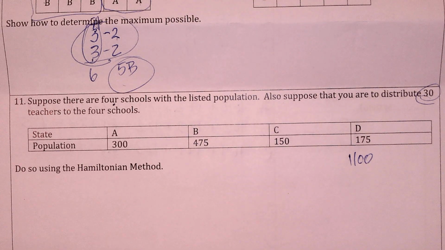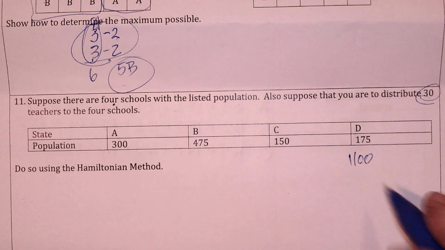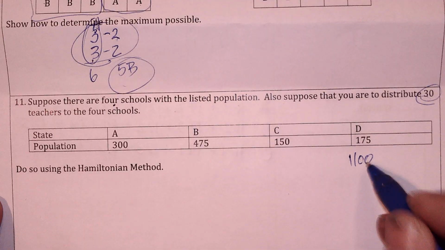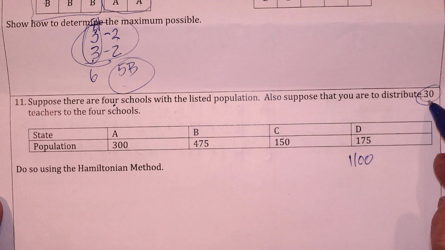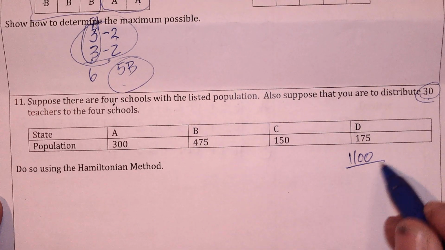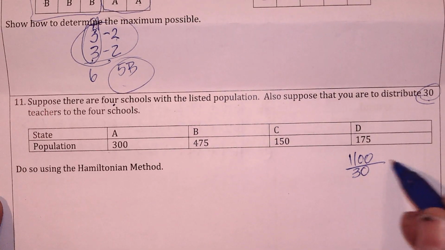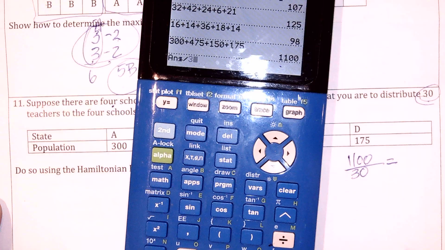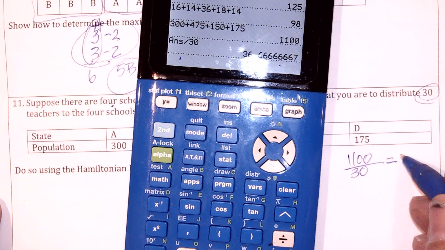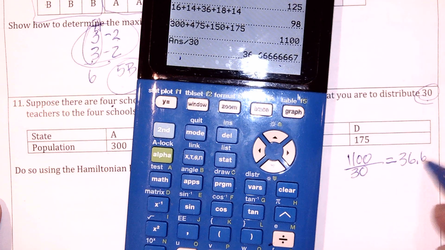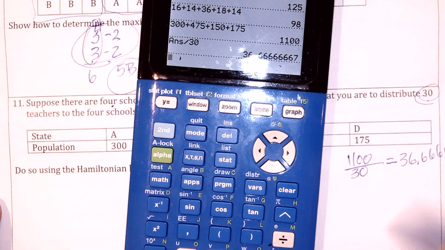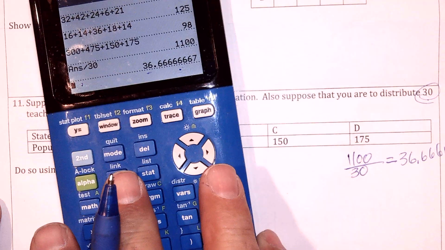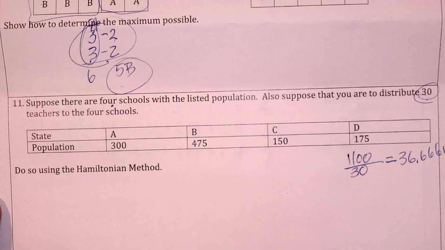Okay, so to make the classes as small as possible, we'll split this up. All these students divided by the number of teachers to figure out how many students per teacher. So there's going to be 36.6666 students in each class.